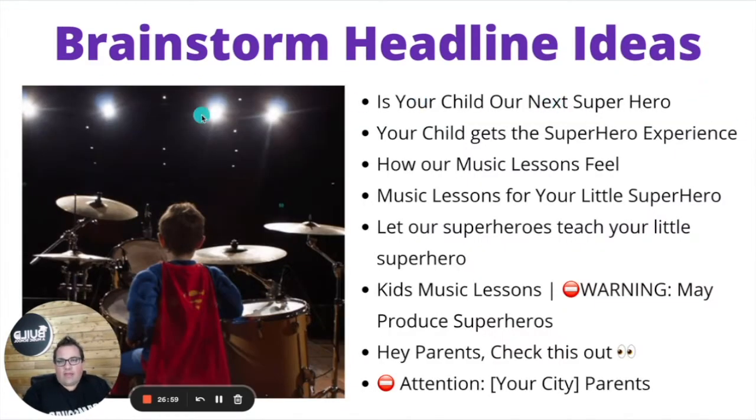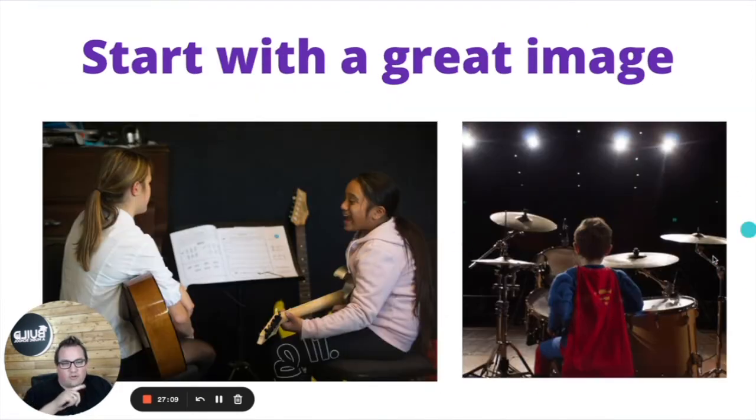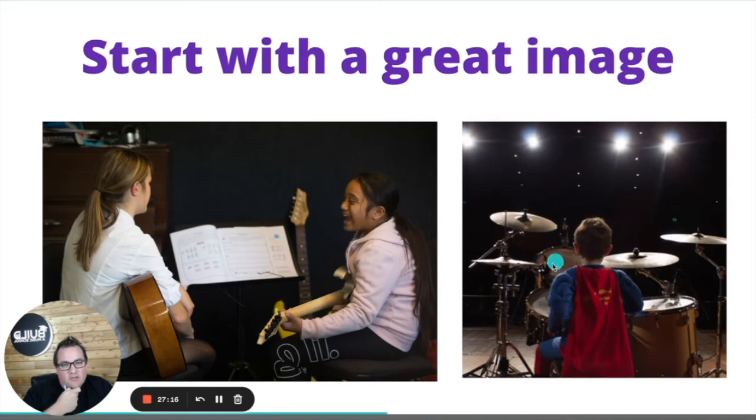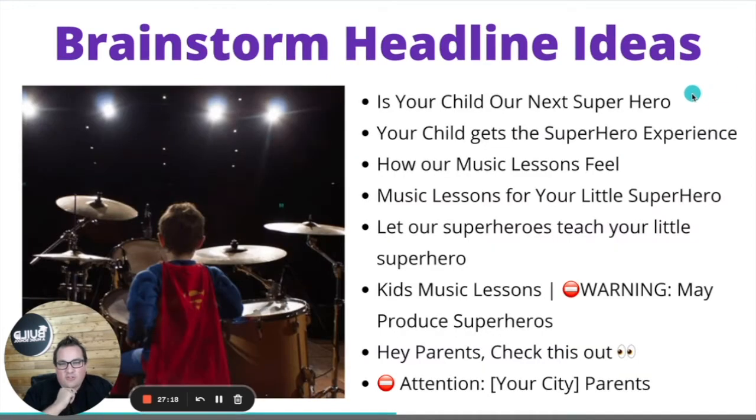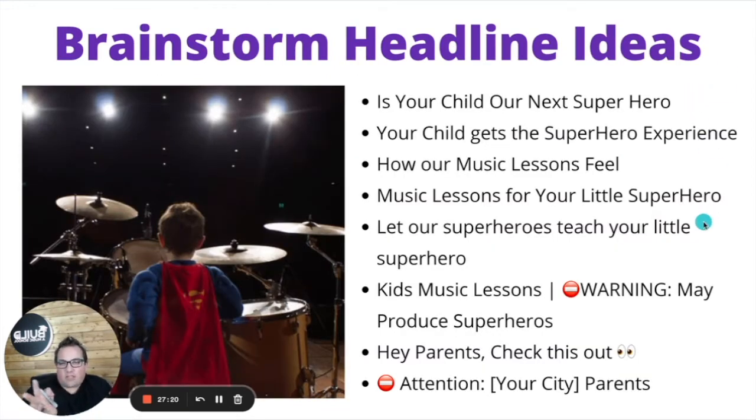Let's then move from the ad picture to headline ideas. So here's a few ideas of what you want to do. So let's say we pick this ad here. This is a photo of a student at one of our concerts, sort of a superhero concert, on stage, playing my drums, actually. Very cool. Dressed as Superman. So let's say I pick this photo. And I chose this one because we get to be a bit more creative with the headlines.